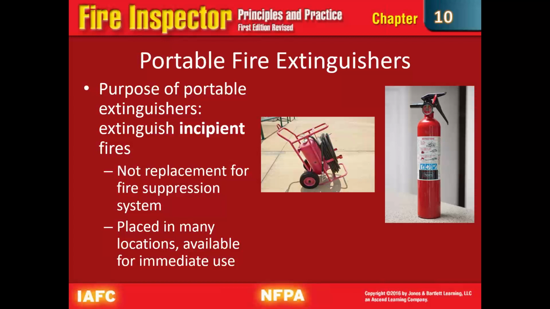Just a little tidbit for the Class K fire extinguishers that are in cooking kitchens. Even though they have an ANSUL system or something like that, a fire suppression system, they still have to be there to supplement that system. So, that's part of code there. They can be placed in many locations and immediately available for use.